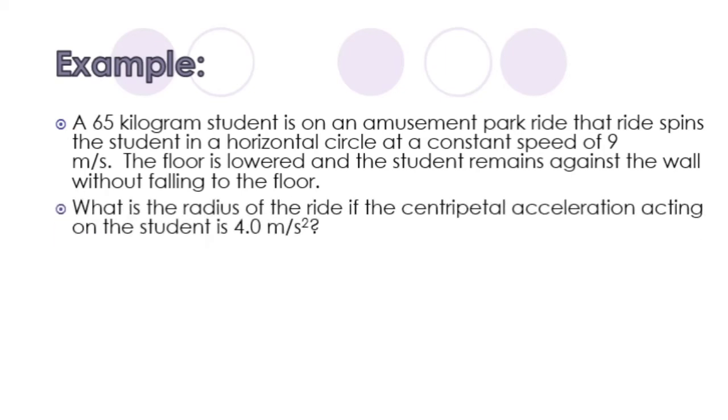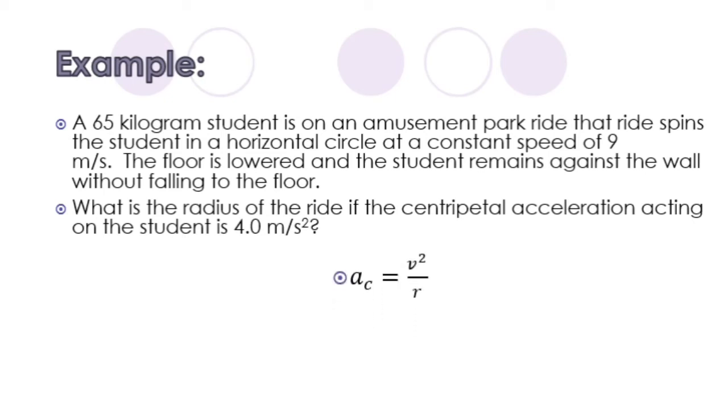What is the radius of the ride if centripetal acceleration acting on the student is 4.0 meters per second squared? Now, we have acceleration and we have speed and we're looking for r. Since it says nothing about force, that 65 kilogram part is not really needed.